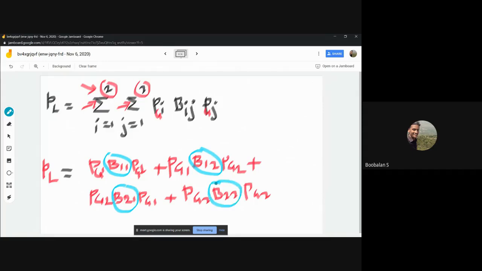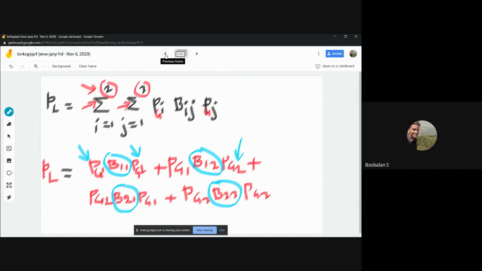We have PG1, the power generated at generator 1, and PG2, the power generated at generator 2. You know only one value, that is the power generated at generator 1. The remaining values we don't know, and PG2 we also need to find out, but currently we don't have those values.